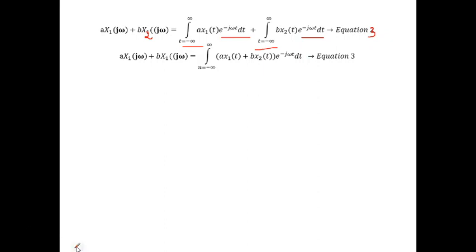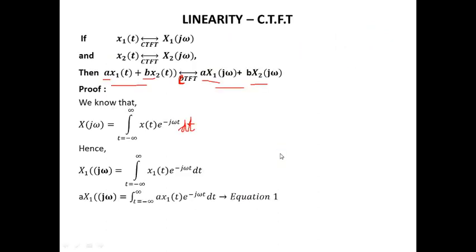Now you compare this equation 4 with your conventional equation that is given here. What is the conventional equation for Fourier transform? We have seen it over here. The Fourier transform equation is this, right? If you have x of t integral minus infinity to infinity e power minus j omega t dt, then the corresponding Fourier transform is x of j omega.